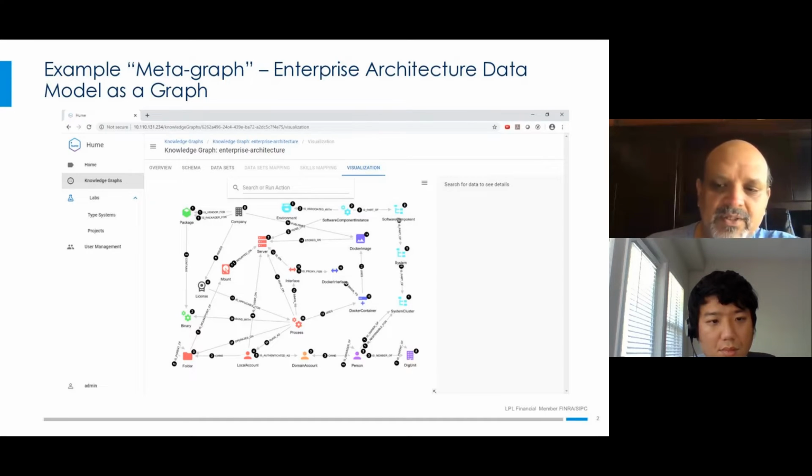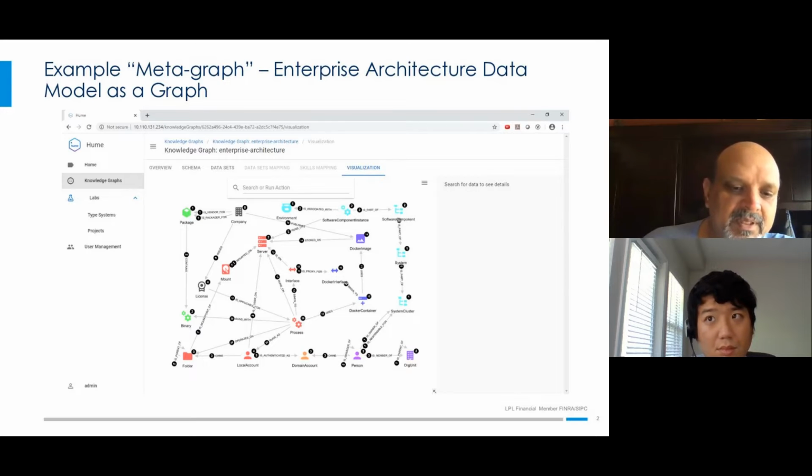What this has allowed us to do and market across the company with our business users is show the power of knowledge graphs and the experiment that we have done to show how we can build and apply knowledge graphs to really help LPL.